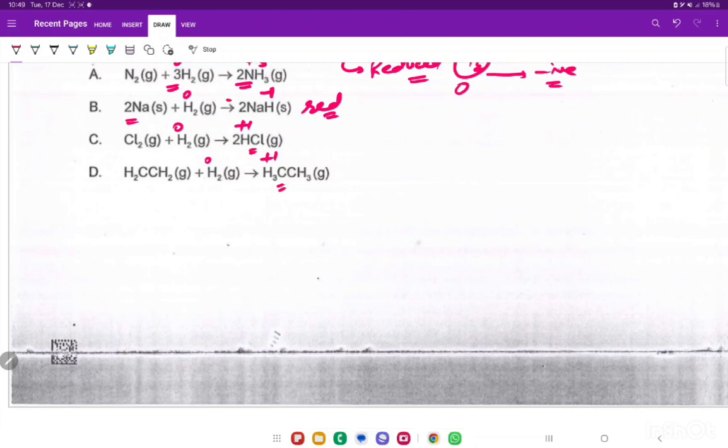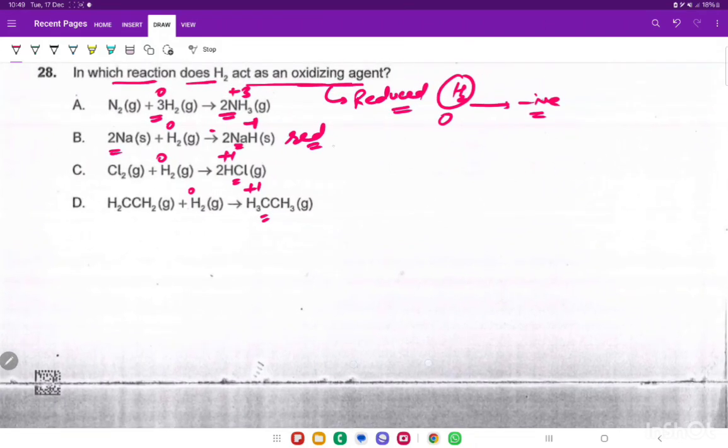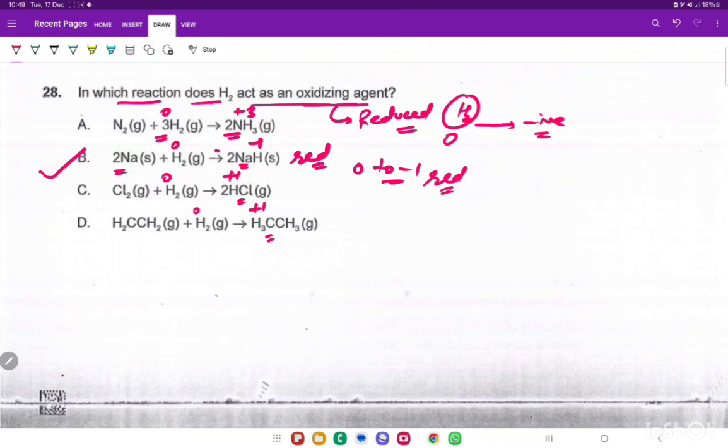Chlorine is a non-metal, hydrogen is plus 1. In this case, sodium is a metal, hydrogen is minus 1. From 0 to minus 1 is changing in option B. And when 0 to minus 1, it means reduction is happening. Therefore, hydrogen H2 is acting as oxidizing agent. Answer is B. Question number 28, answer is B. Here, hydrogen is acting as an oxidizing agent.